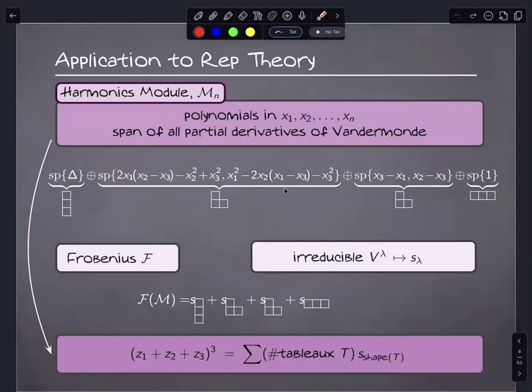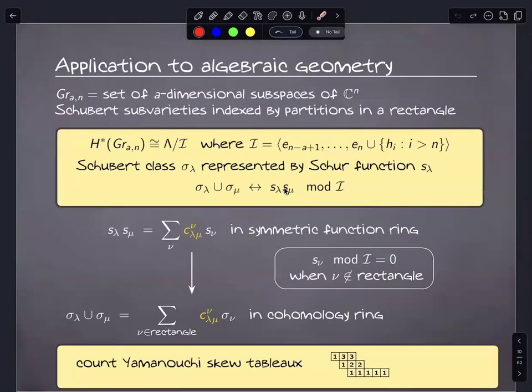It turns out that if you take the harmonics module, decompose it into its irreducibles, and map each irreducible to a Schur function, that symmetric function is exactly powers of z1 plus z2 plus z3, and so on. We already said this was the manifestation of Robinson-Schensted-Knuth, and yet it tells you exactly how to decompose the harmonics module into its irreducible pieces. So I know that there are two of these because there are two tableaux of that shape. Okay, so that's representation theory.